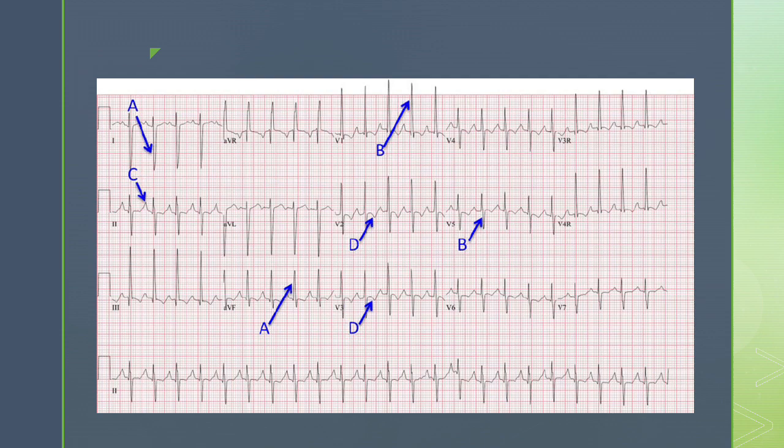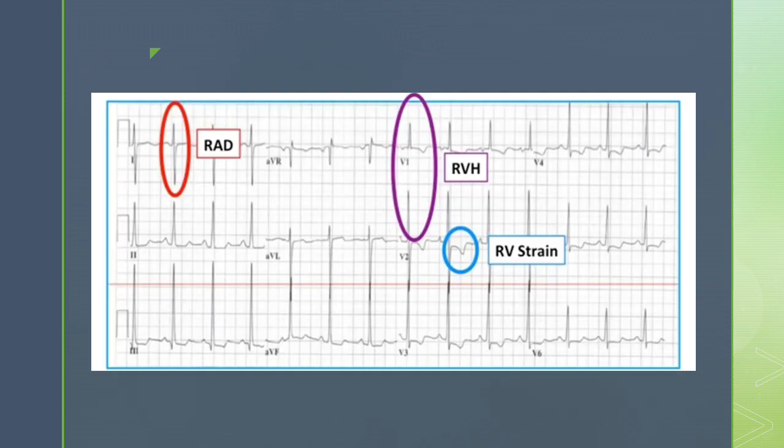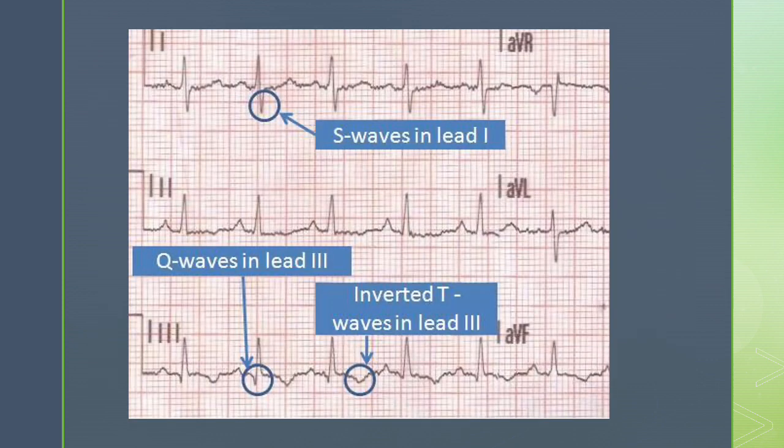So this is something that you may notice. Let's look at one more example. Right axis deviation here, right ventricular hypertrophy, tall R waves and RV strain pattern. Also, sometimes we try and look in pulmonary embolism and patients with pulmonary hypertension.